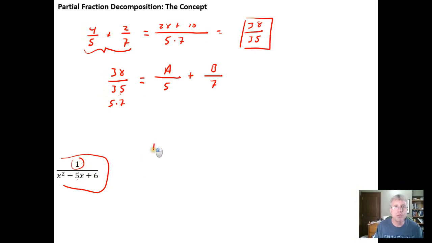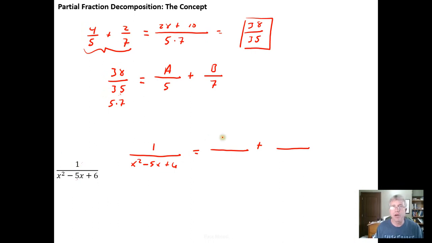And what you do is you identify that x squared minus 5x plus 6 maybe came from taking the sum of two other ratios of polynomials. And the question would be, how do you figure out what these two ratios are? But the strategy would be the same as it is when you're working with integers like we did up here.